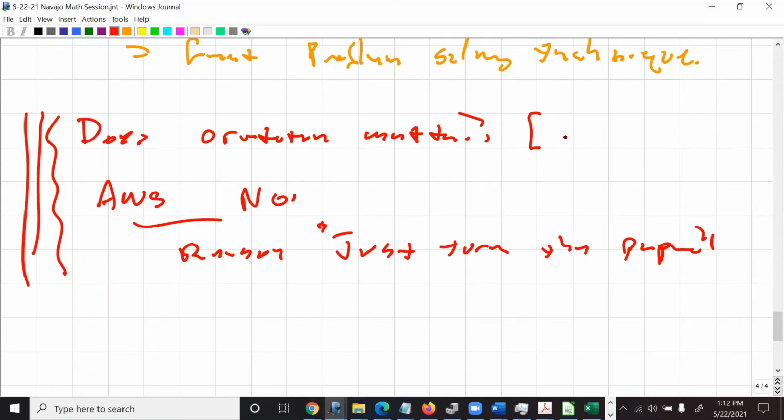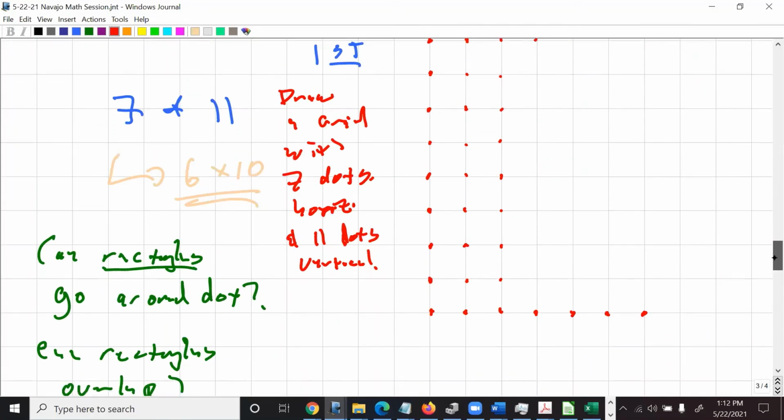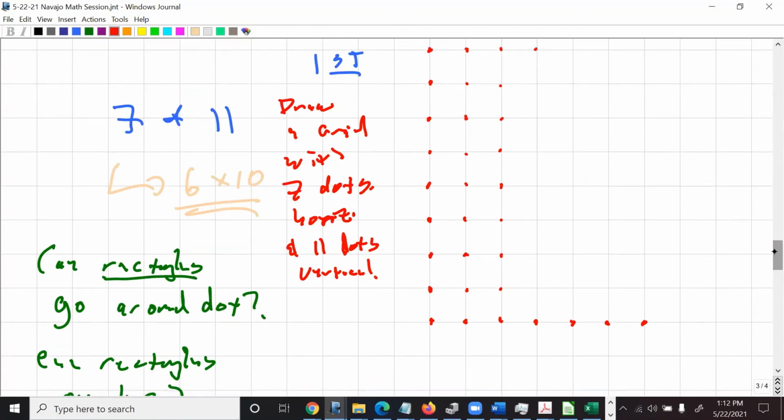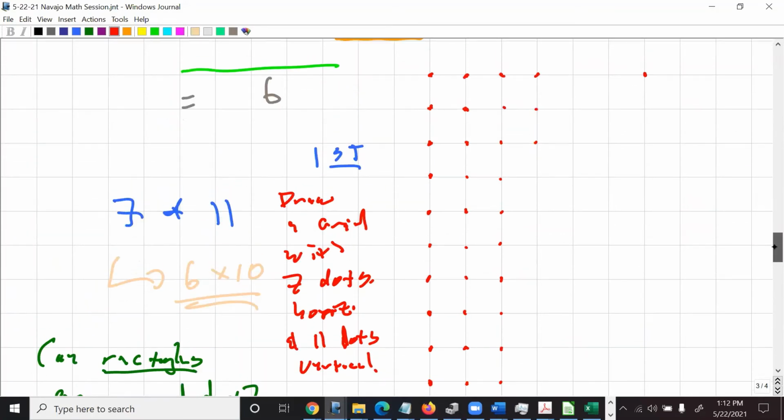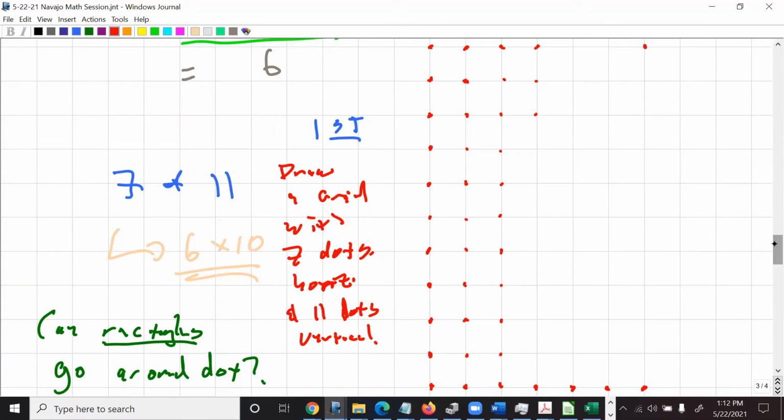Sue asked if the orientation mattered. Yes. Is that what you're asking? Oh, yeah, I don't think I asked that. Or who had the question about whether it matters that the dots were horizontal or vertical? Somebody got us off on that line. We were telling us to draw the picture. Is that Anna?